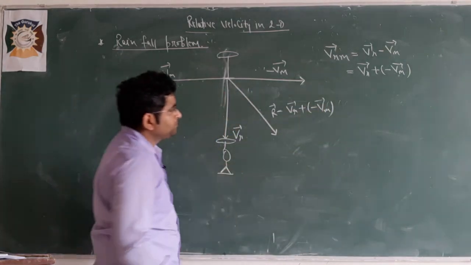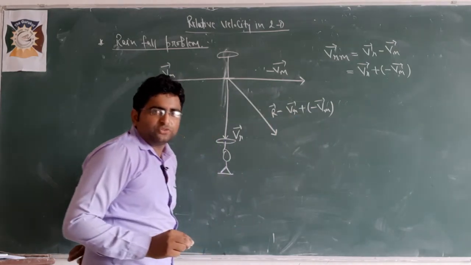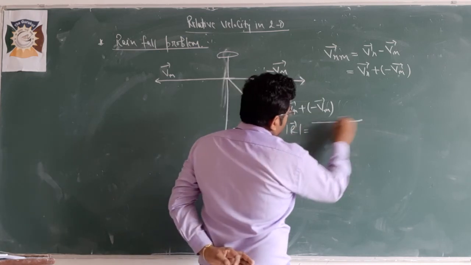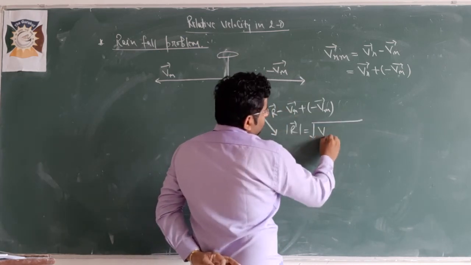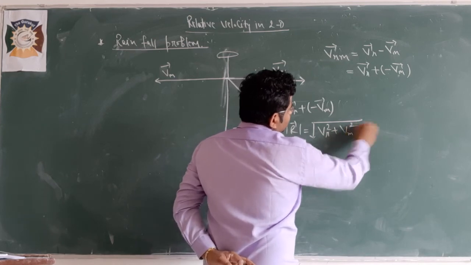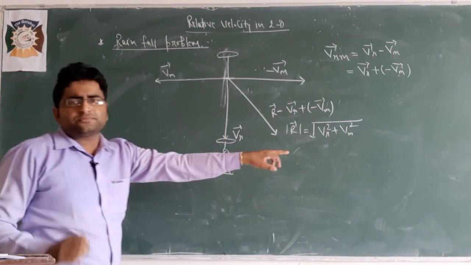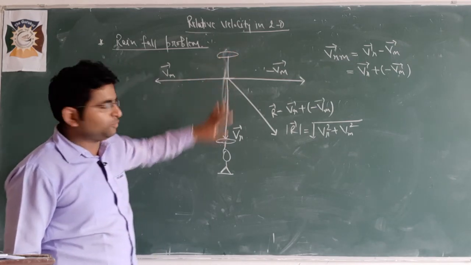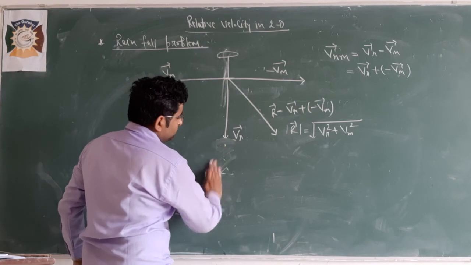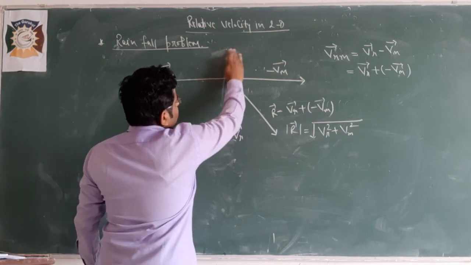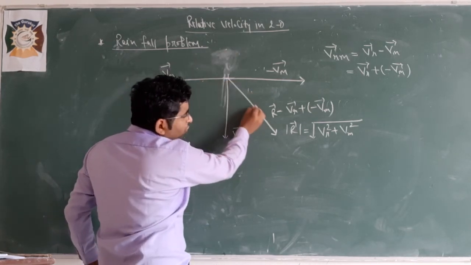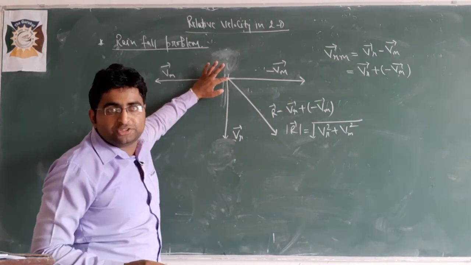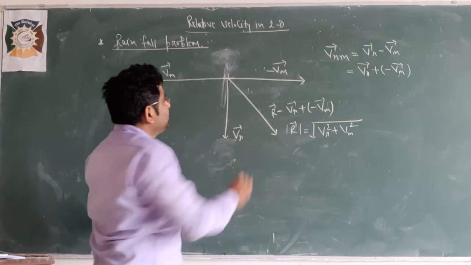So beta, now the magnitude of this resultant will be equal to the square root of VR square plus VM square, but the third term will get 0 because the angle between minus VM and VR is equal to 0. So beta, this is the relative velocity of rain with respect to you. So in this direction you have to mount your umbrella in this way.